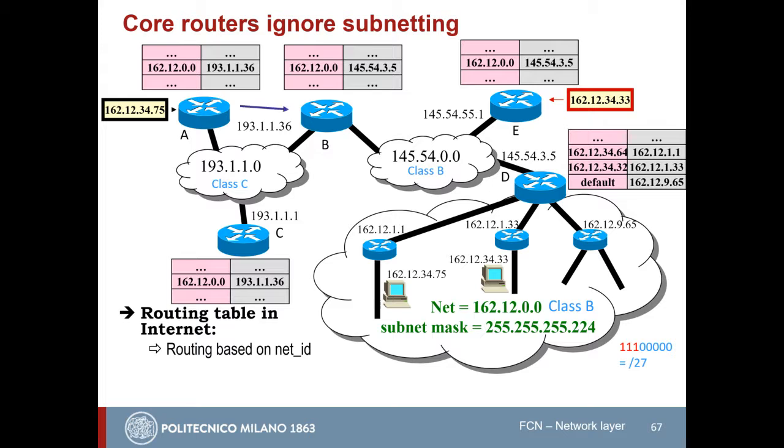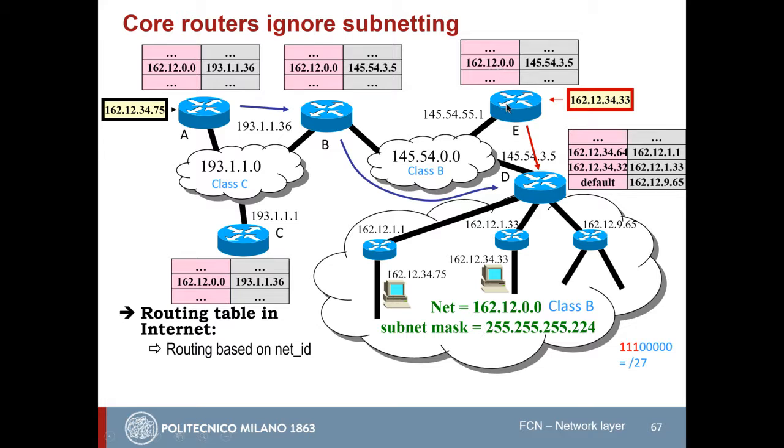So routing outside is only based on the general entry. Both of these two packets have a destination address which is matching with the entry 162.12.0.0 in the routing tables.